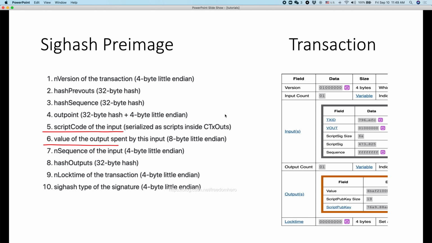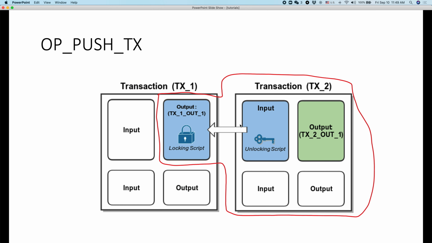Just to put it in a more graphical way, we can show it in another format. Think about this case: transaction 1 has a UTXO smart contract locked in the first output, and then we have another current transaction 2, with a first input trying to spend that output.